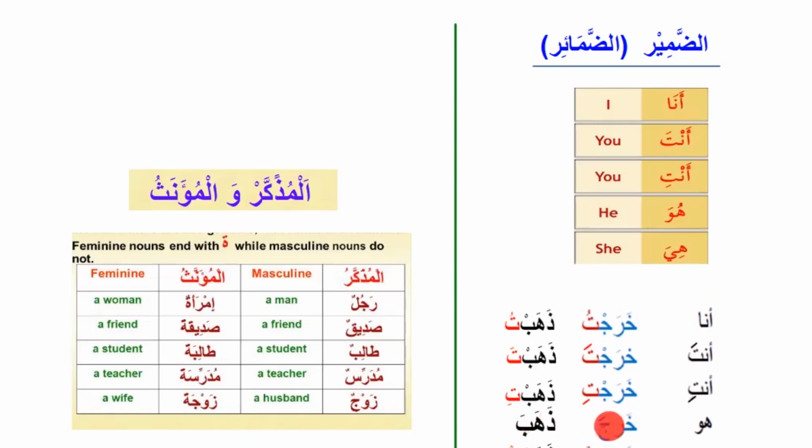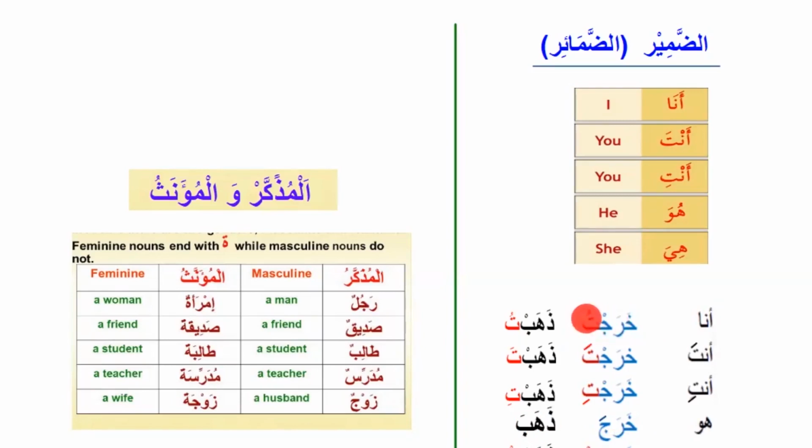If I want to turn it to I went, you went, you went for female, and then she went, how will it be? As I said, this is the default form.